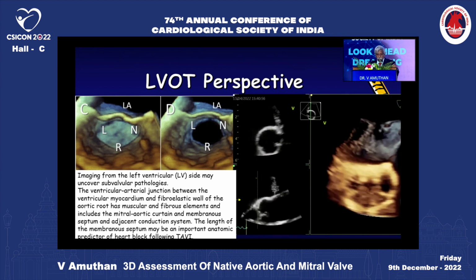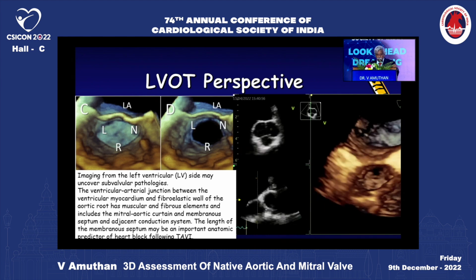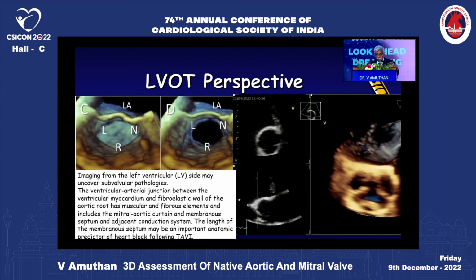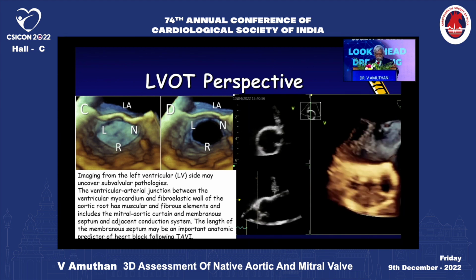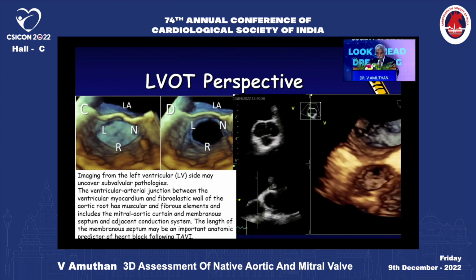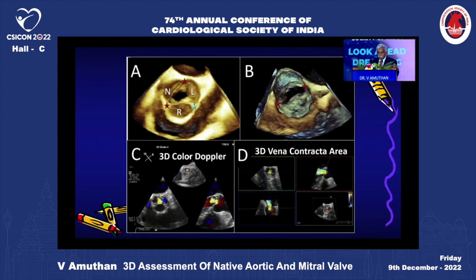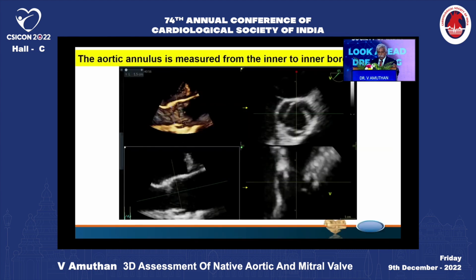The ventricular arterial junction between the ventricular myocardium and fibroelastic wall of the aortic root has muscular and fibrous elements, which includes the mitral annular curtain and membranous septum adjacent to the conduction system. So these can be identified very easily, and you can analyze all these things.